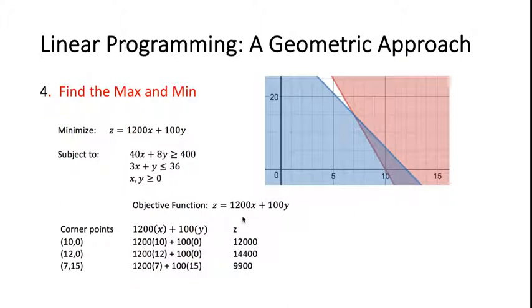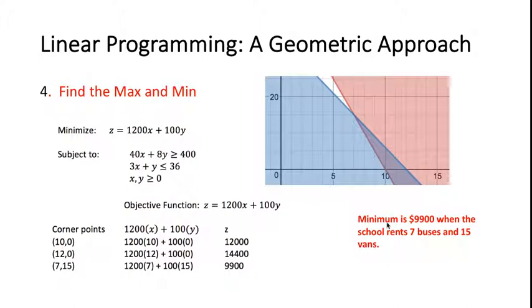So the objective function is 1200x plus 100y. When I plug in those corner points, I get these values for z. And since we're asked to find the minimum, the smallest is 9,900. So the minimum cost is going to be $9,900 when the school rents 7 buses and 15 vans.